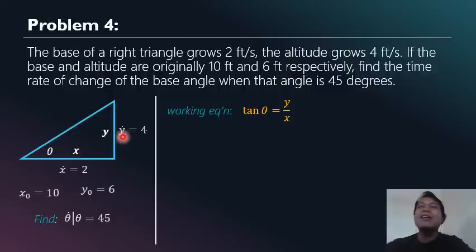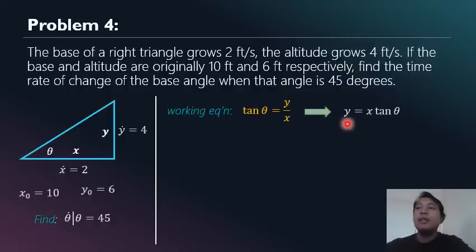O, diba madali lang? Now, kung ito ang working equation mo, para maganda siyang tingnan, yung y, i-equate ko na lang sa x tangent theta. Parehas lang sila. Y is equal to x tangent theta. So, ano nang sunod natin gagawin? Di ba after mo makagawa ng working equation, differentiate mo na yan with respect to t.